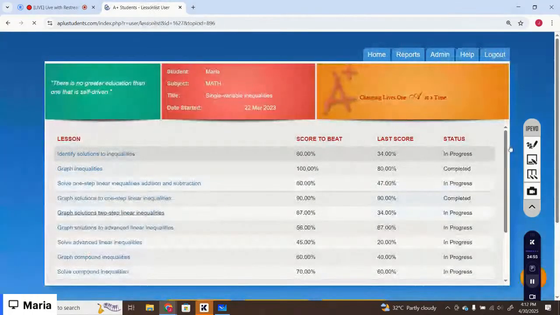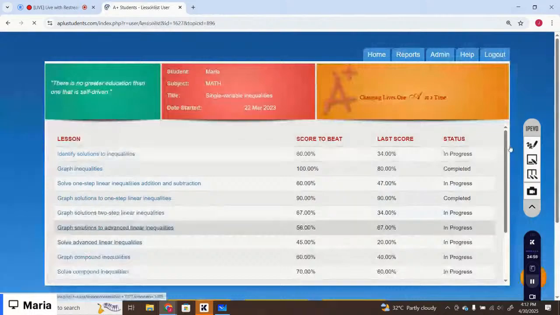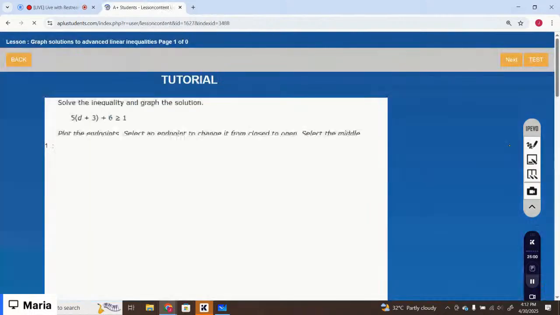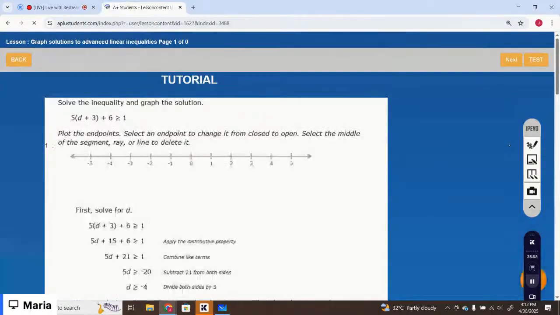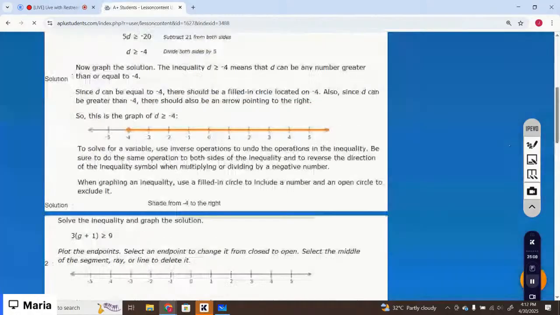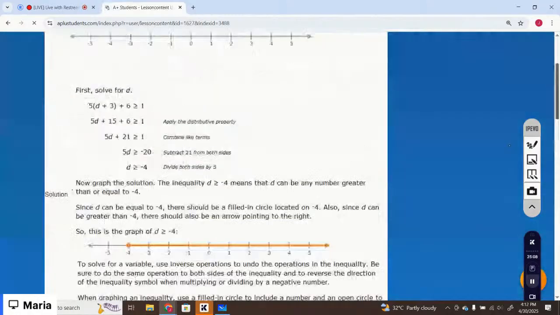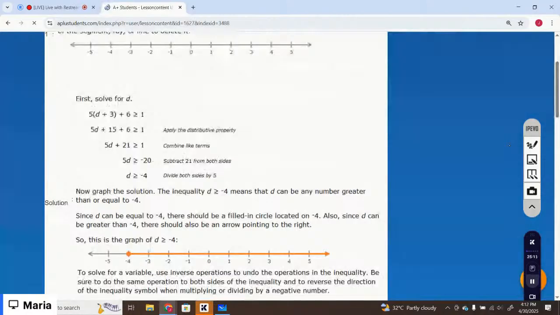The next lesson is graph solutions to advanced linear inequalities. Solve the inequality: 5 times (d plus 3) plus 6 is greater than or equal to 1.